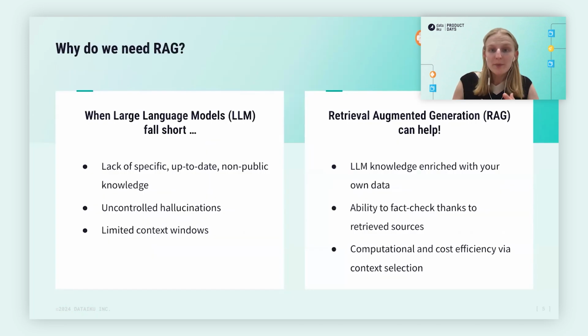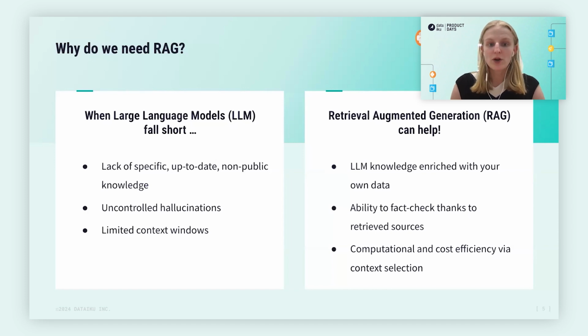Okay, so you might probably have experienced playing with some large language models. The results are impressive. However, using LLMs in a business context is often not enough. Why? First of all, because these large language models lack specific, up-to-date and non-public knowledge. If you ask a large language model a question that can only be explained by your private documents, it will obviously be wrong.